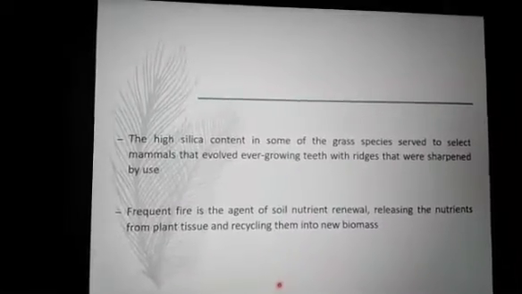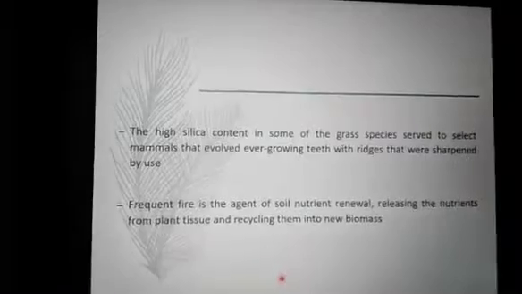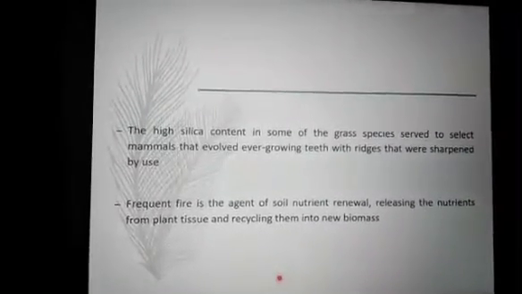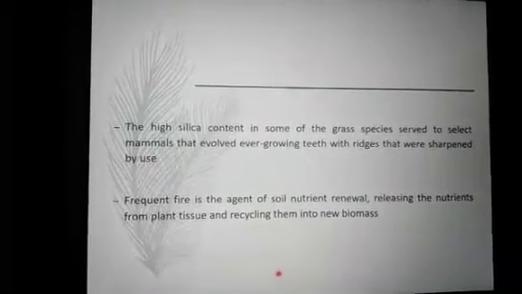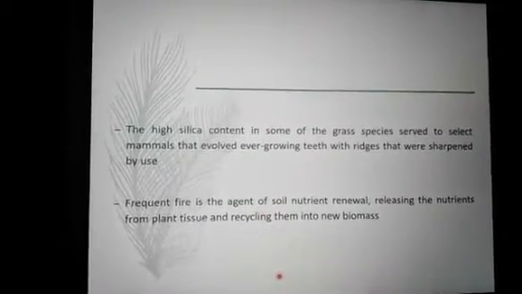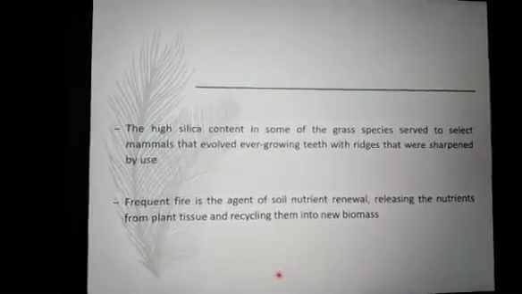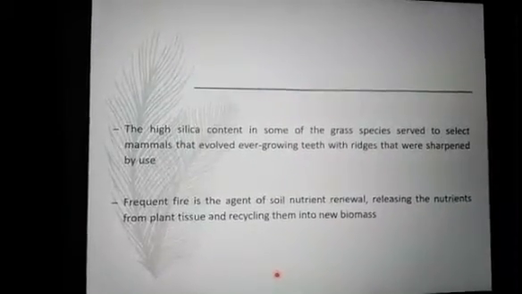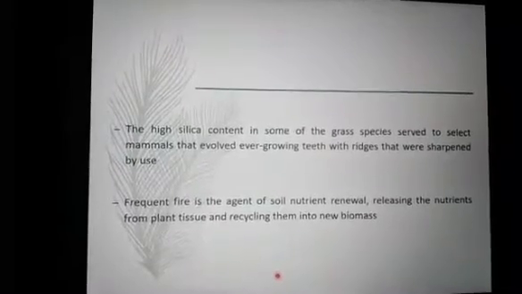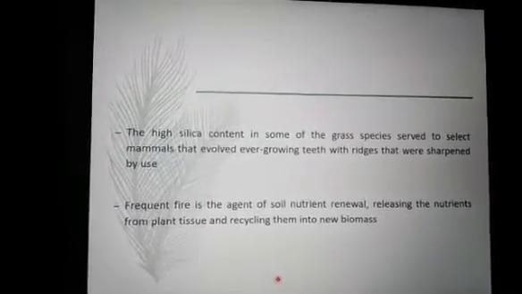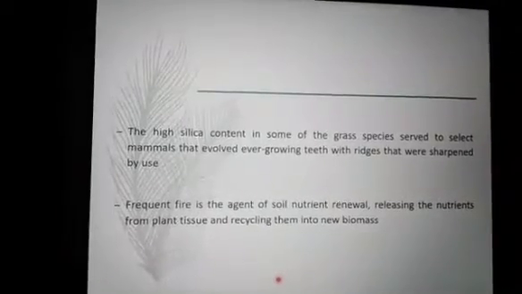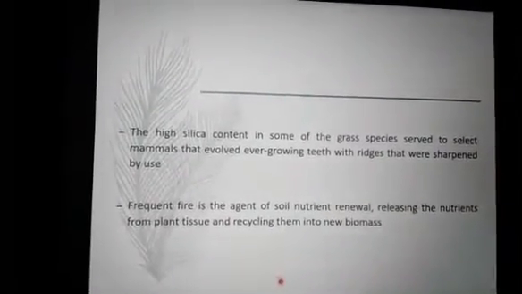So the high silica content in some of the grasses served to select mammals that evolved ever-growing teeth with ridges that were sharpened by use. So frequent fire is the agent of soil nutrient renewal, releasing the nutrients from plant tissues and recycling them into new biomass.